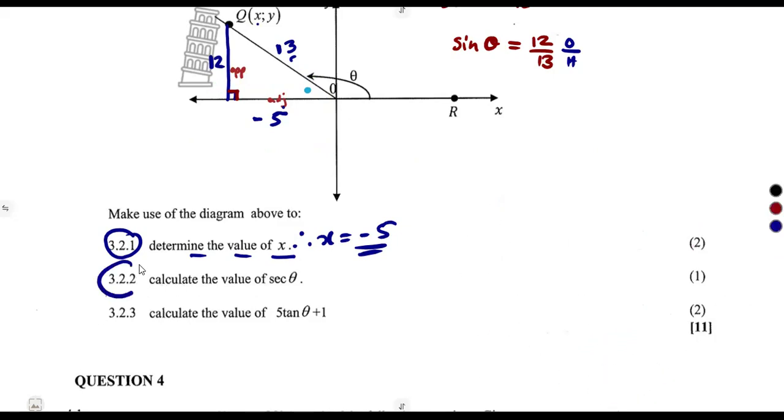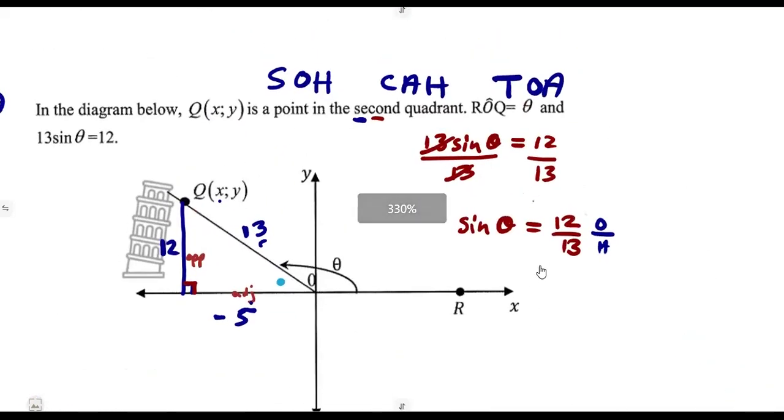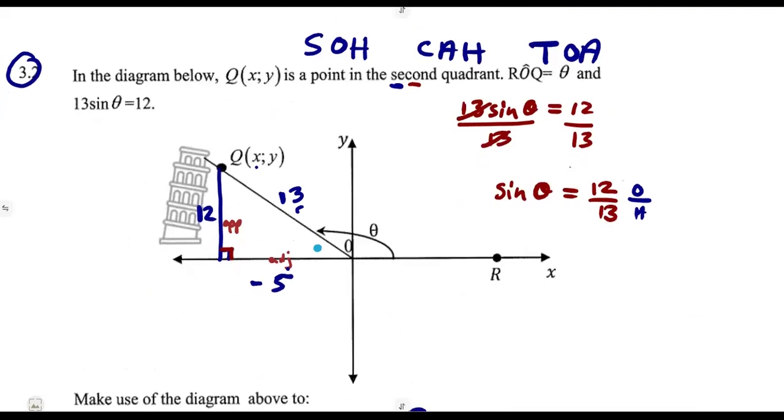Calculate the value of sec theta, 1 mark there. So sec of theta, we talked about this, guys, from our ratios, from our previous type of equation. It's the same thing because the diagram is now having all the information. So that's our 3.22. Remember, sec is 1 over cos.